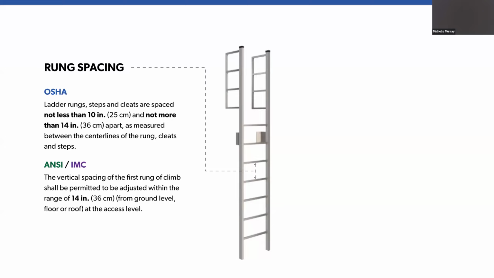On code parts of the fixed access ladder, there are slight differences between OSHA and ANSI. For the rung spacing, OSHA is going to be between 10 and 14 inches, and for ANSI, it's going to be 14 inches.